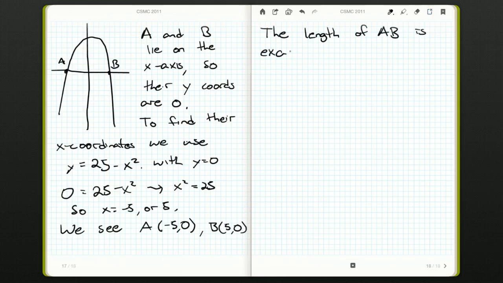So the length of AB is exactly the difference in their x-coordinates.